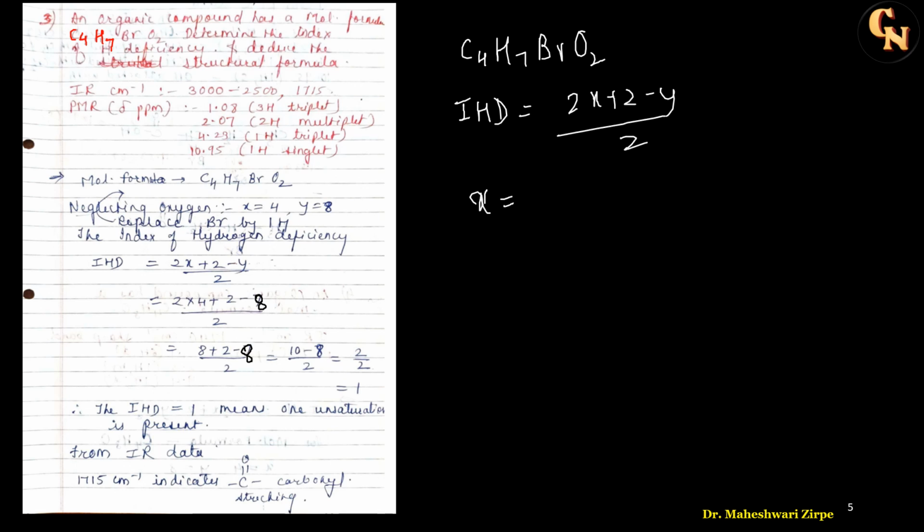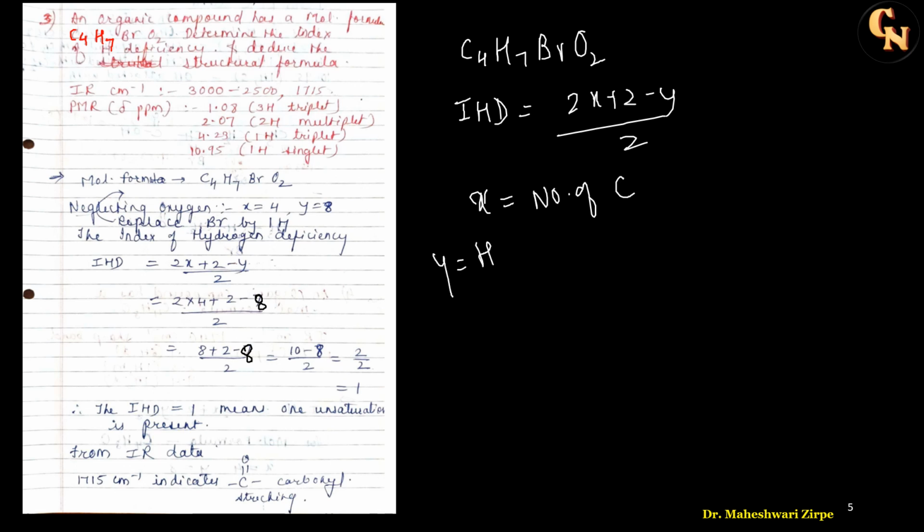So if you see the molecular formula, it is C4H7BrO2. Now we know that the IHD index is (2x + 2 - y) / 2, where x is the number of carbons, whereas y is the number of hydrogens.